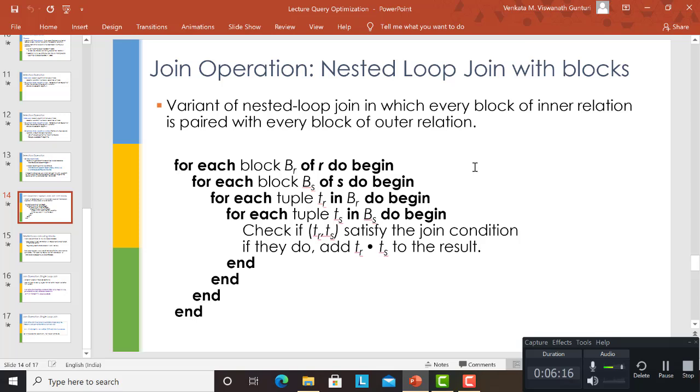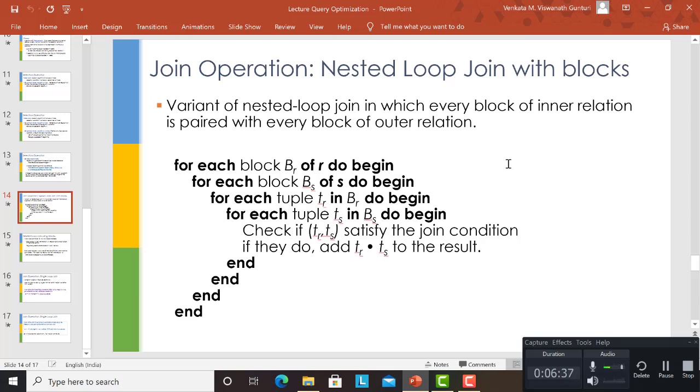So in our example, I think I said my relation S has three blocks, S1, S2, S3. So the tuples of R1 first get joined with all the tuples in my relation S, which is spanning over blocks S1, S2, S3.